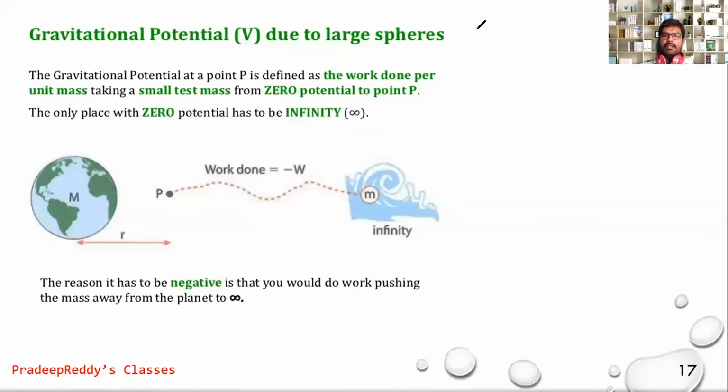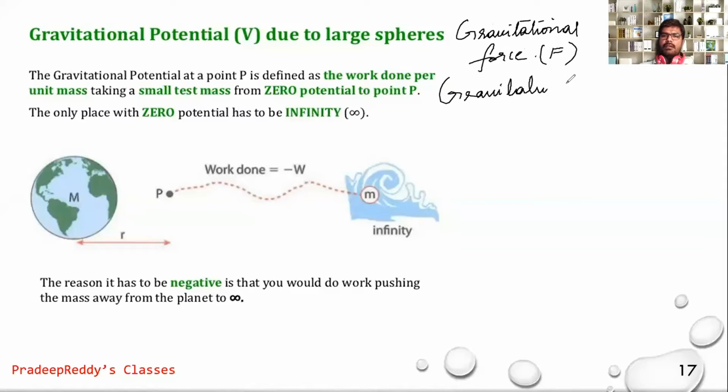So far we have learned gravitational force, capital F, and we have learned gravitational field, capital E. Now we are going to learn about gravitational potential.